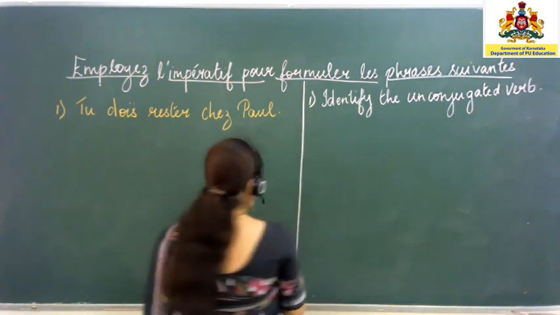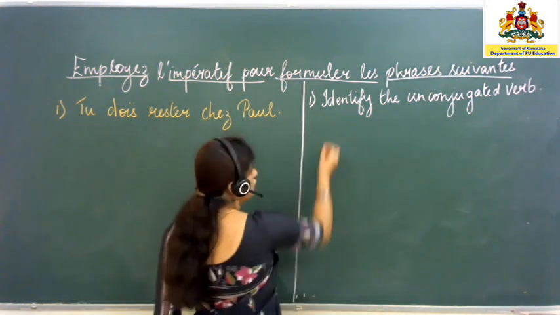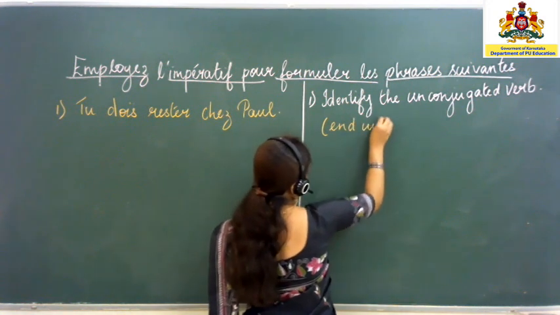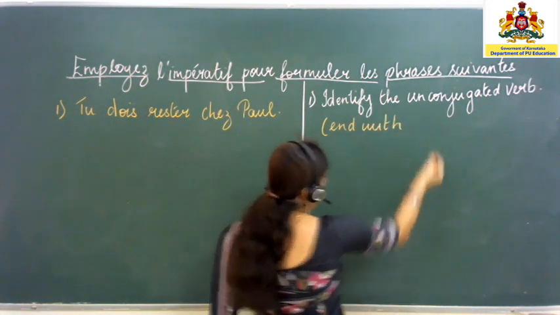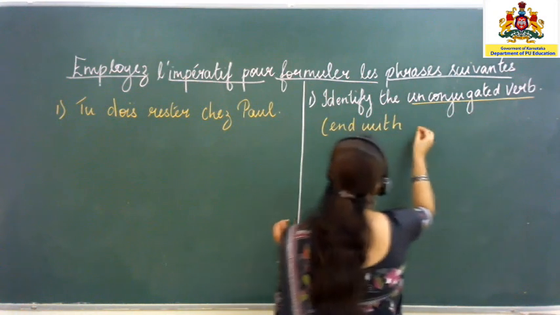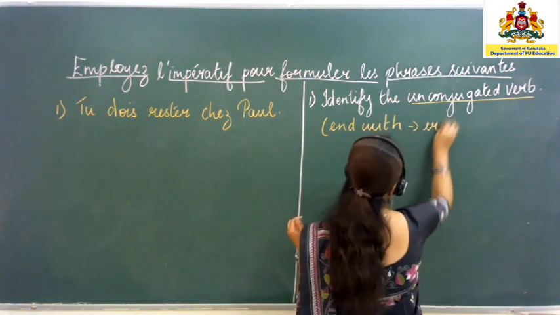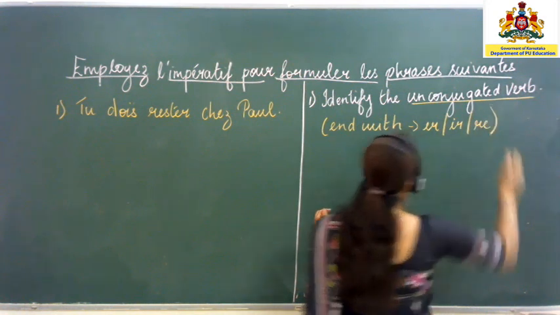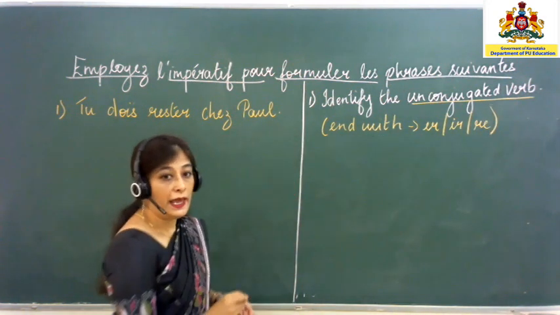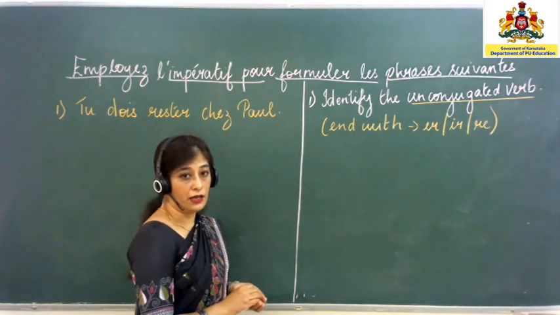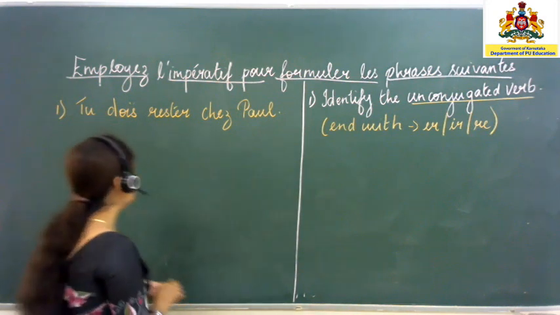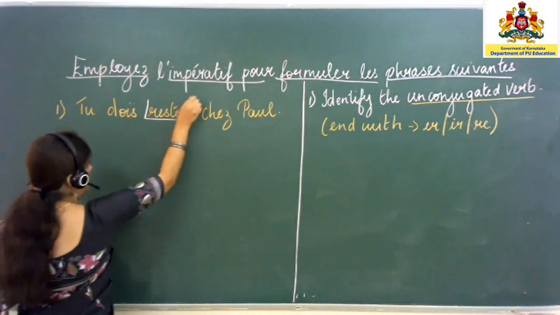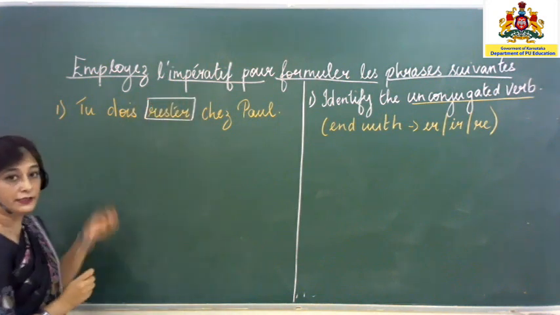What is an unconjugated verb? An unconjugated verb will end with er, ir or re. So in this sentence, which is my unconjugated verb? It is rester, right?